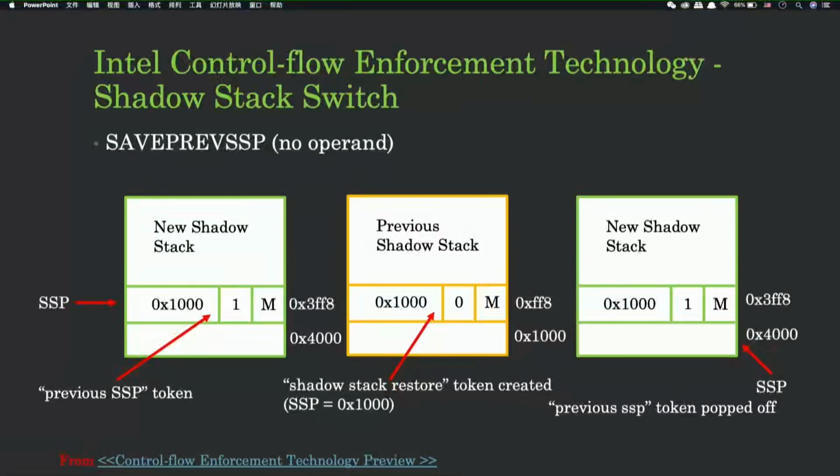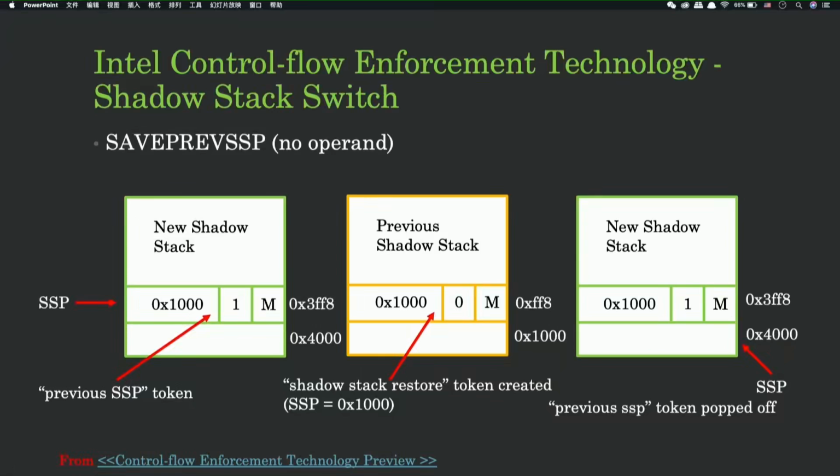And then this is the address, and this 0 means it is the shadow stack restore token. After that is done, we will be able to have a new... Oh, this is the original shadow stack restore token.